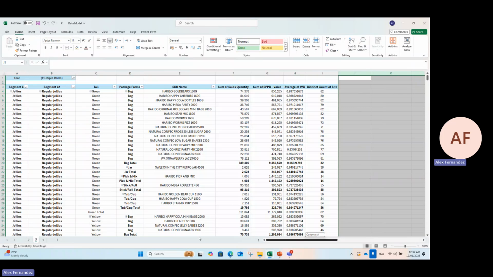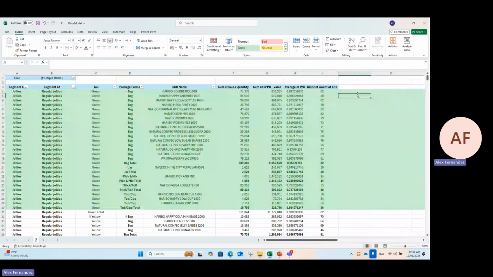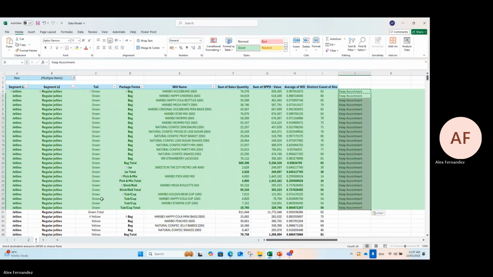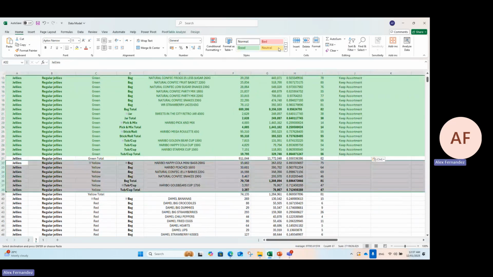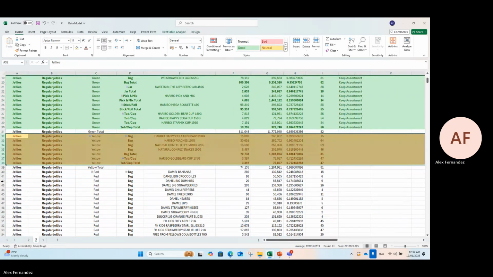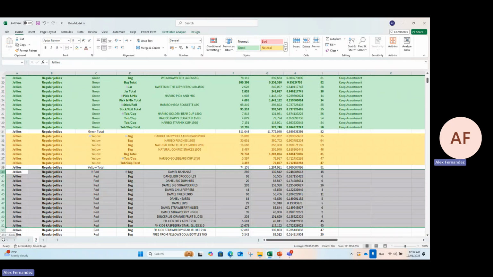So we know all the green are keep assortment. All yellow are yellows that we will discuss, and reds usually we delist.